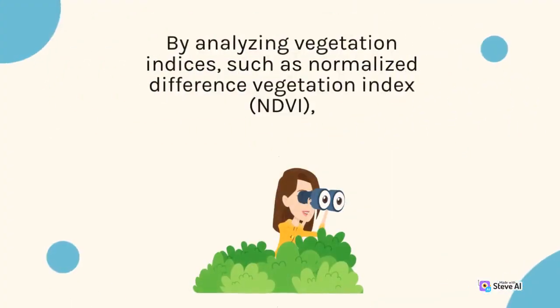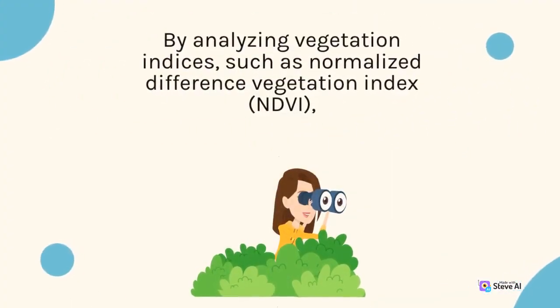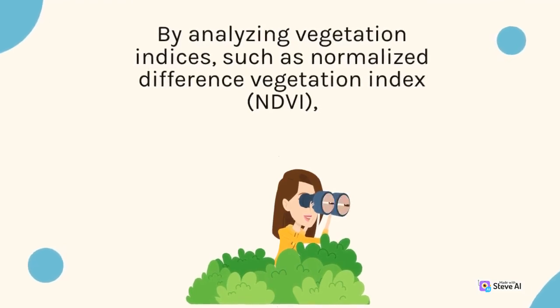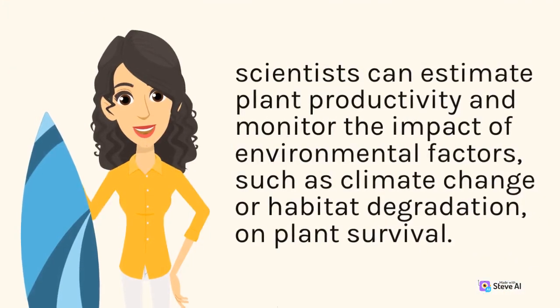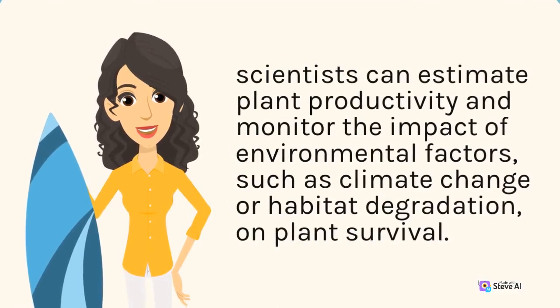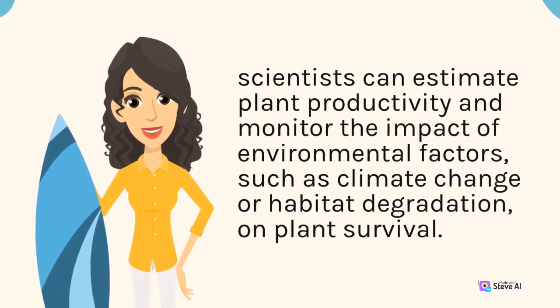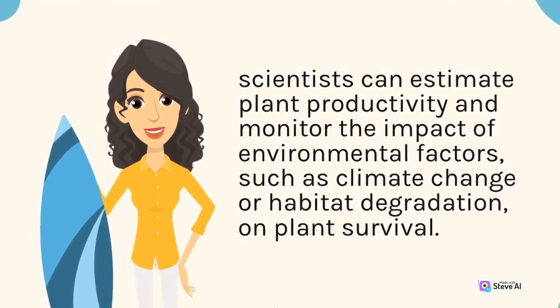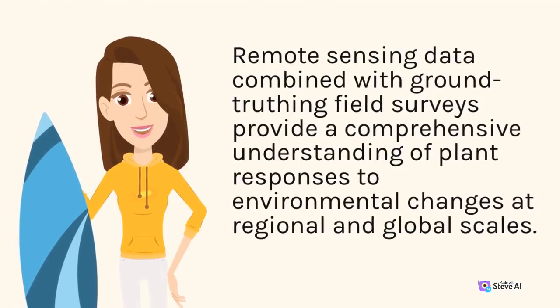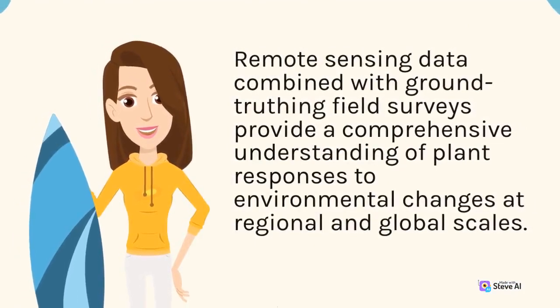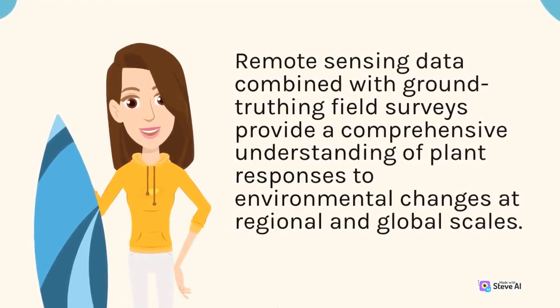By analyzing vegetation indices, such as the Normalized Difference Vegetation Index, or NDVI, scientists can estimate plant productivity and monitor the impact of environmental factors, such as climate change or habitat degradation, on plant survival. Remote sensing data combined with ground truthing field surveys provide a comprehensive understanding of plant responses to environmental changes at regional and global scales.